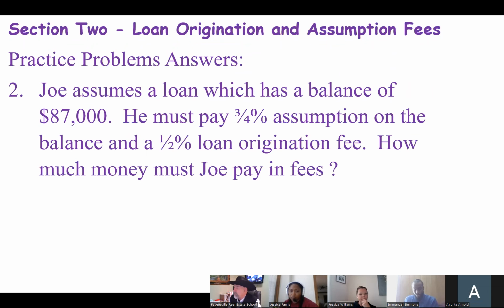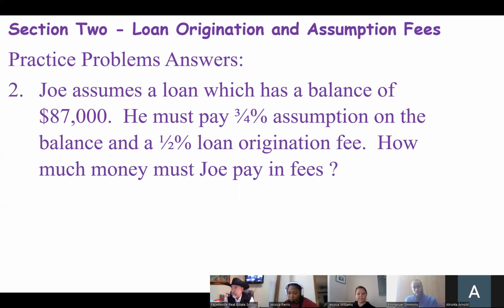And this one, Joe assumes a loan which has a balance of $87,000. He must pay 3/4 a percent assumption on the balance and a 0.5% loan origination fee. How much money must Joe pay in fees? So he's having to pay a loan origination and an assumption fee. I'm going to show you the easy way to do this. Now, here, 0.75%.